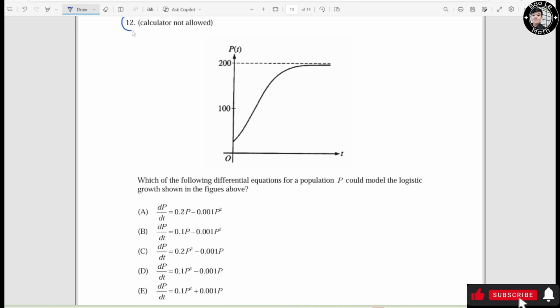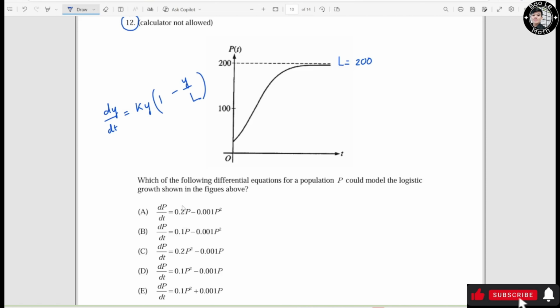Now let's move on to question 12. Which of the following differential equations for a population P could model the logistic growth shown in the figure above? Observe that this figure has the carrying capacity 200. Remember, the logistic growth model is dy/dt = k times y times (1 minus y over L), where L is the carrying capacity.